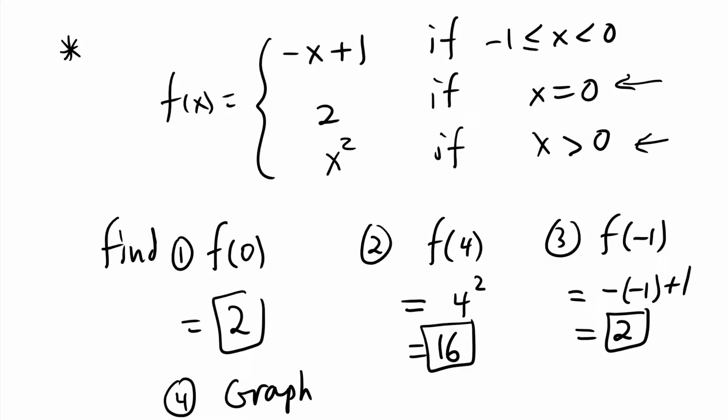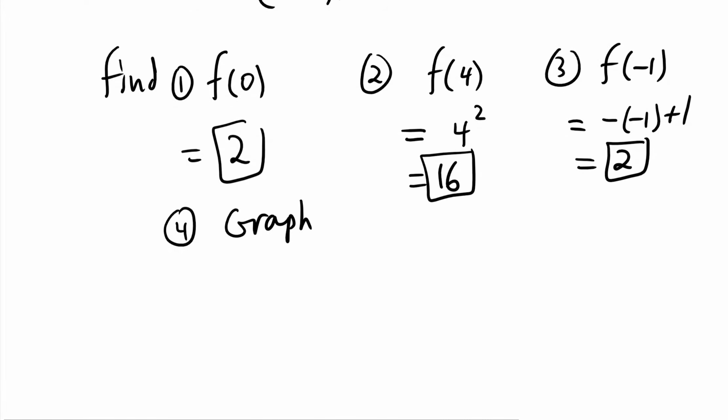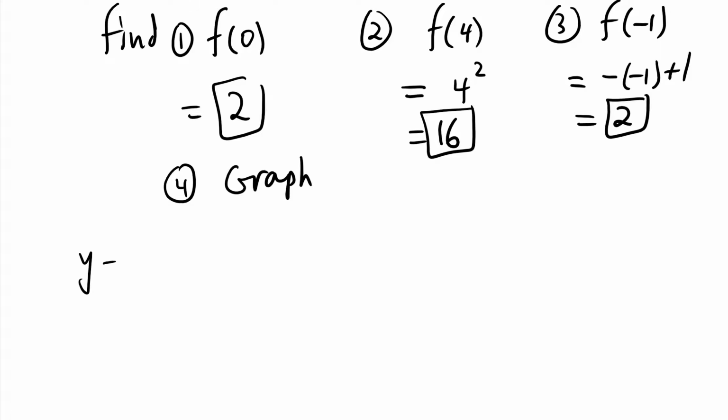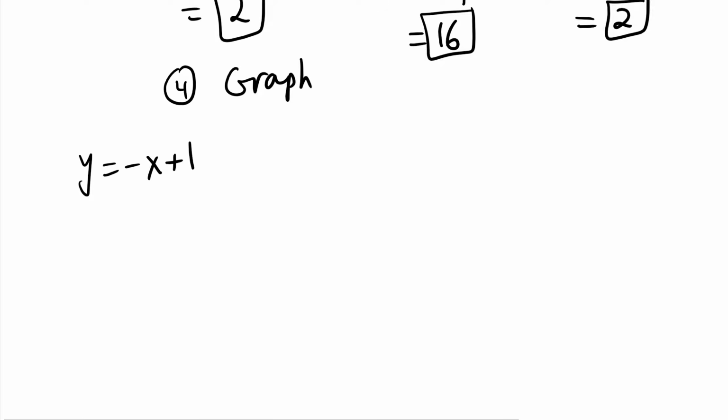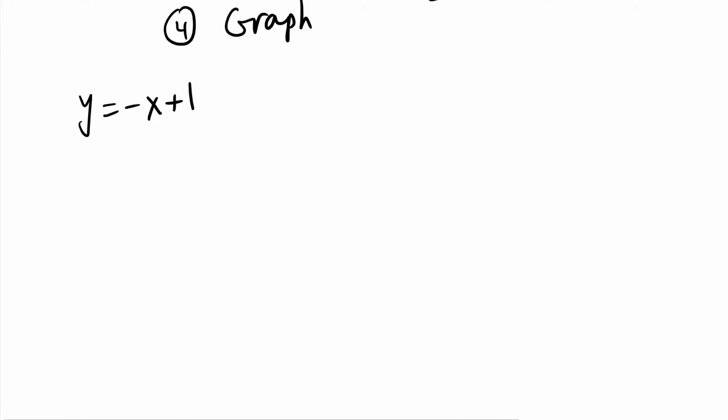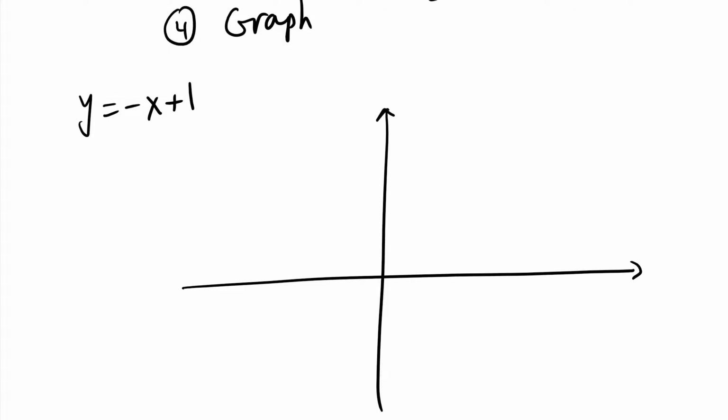Now how do we graph it? Let's graph the first one. y equals negative x plus 1. It's a straight line. When x is 0, y is 1, when y is 0, x is 1.